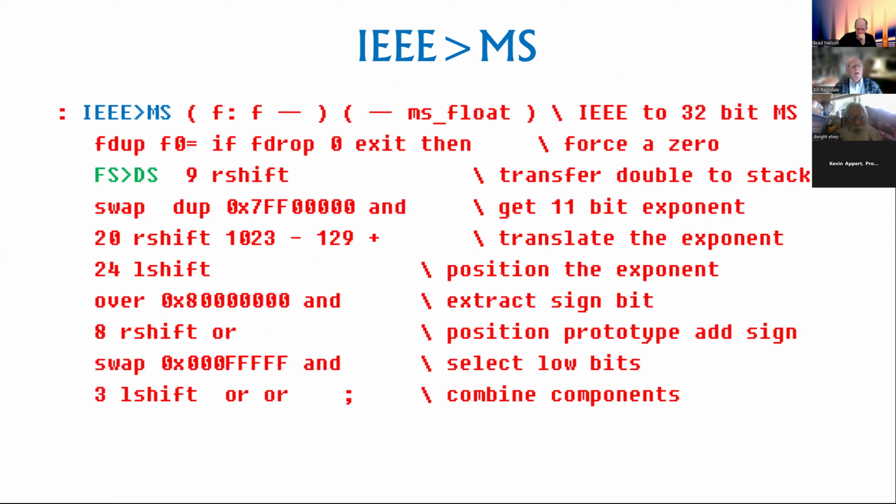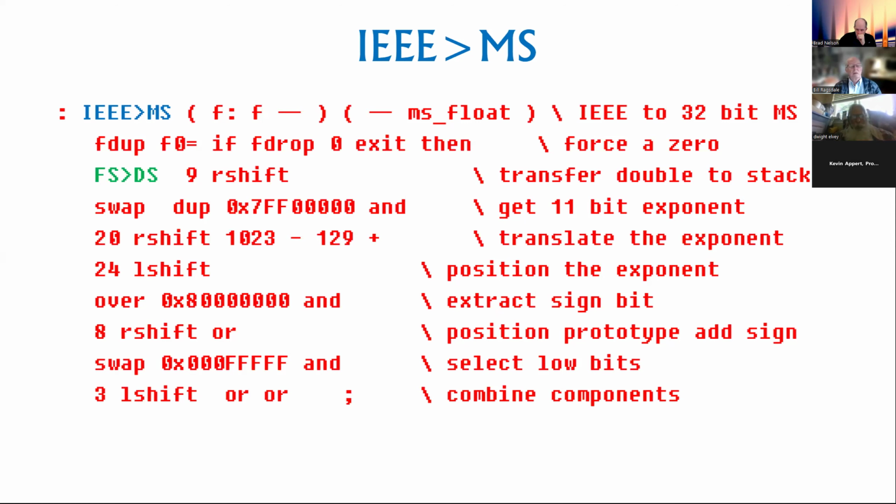If we want to go from the internal floating point format, in this case Win32, which uses the IEEE 64-bit floating point format, the floating point number is on the floating point stack, and we develop the Microsoft float value on the data stack. It's very intensive on bit manipulation, as we assume. Notice at the beginning, we do the fdupe f0 equals. In the case we have a 0, we drop the floating point number and exit with a 0.